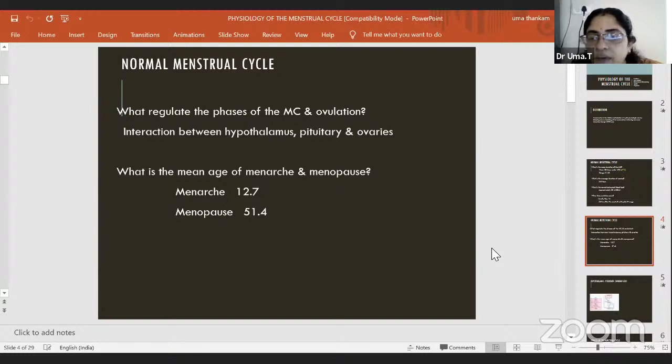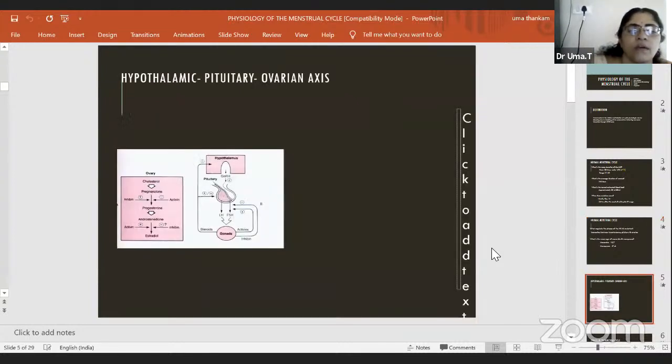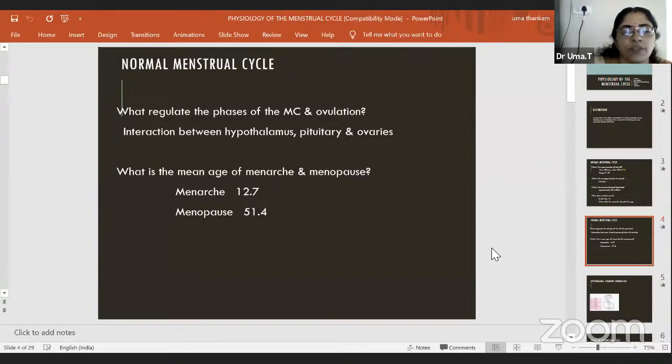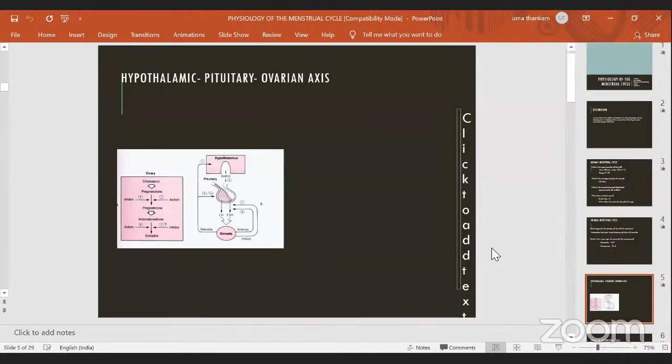So it's anywhere between 11 to 15 years. And generally, most of the girls attain menarche by around 13 years. And the cessation of menstruation is called menopause, and it's on an average 51.4 years, about 52 years in Keralite women.